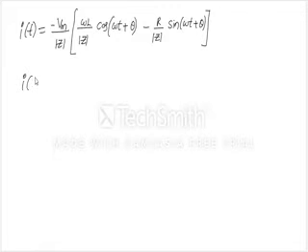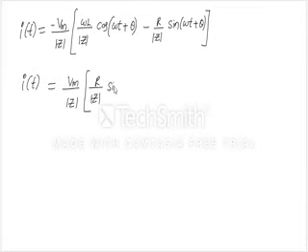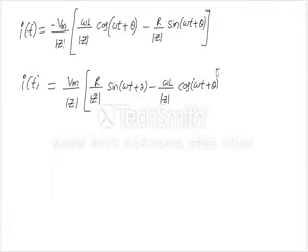So from this, I of t is equal to Vm by mod Z, this equals R by mod Z into sine of omega t plus theta minus omega L by mod Z into cos of omega t plus theta.